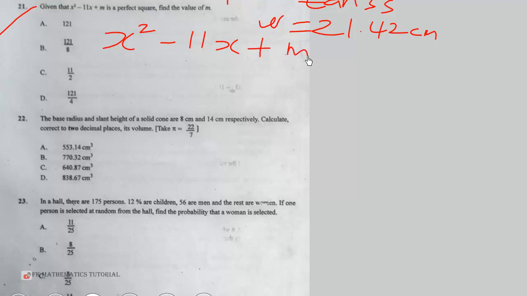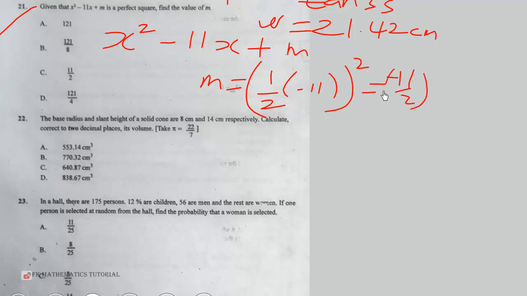So m will be equal to half the coefficient of x, which is negative 11, all squared. So that will be equal to negative 11 over 2 all squared, which will be 121 over 4. So the correct answer is D.